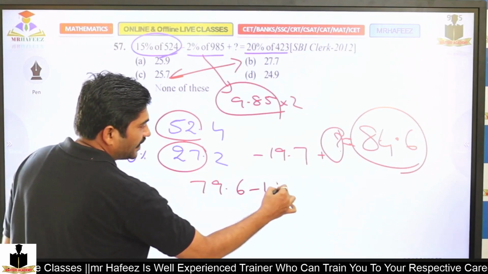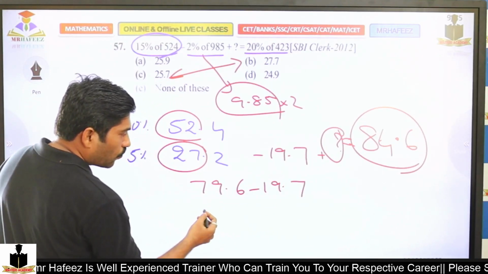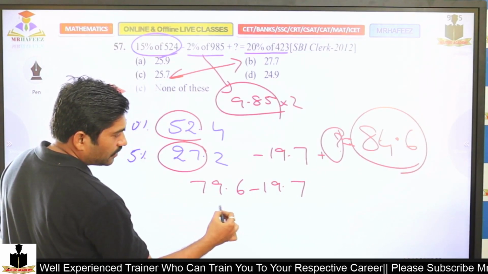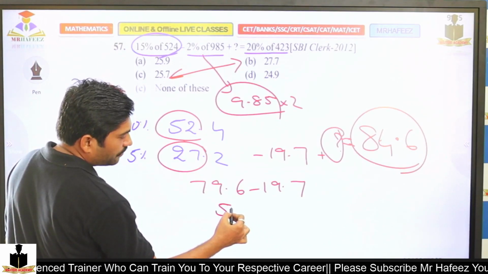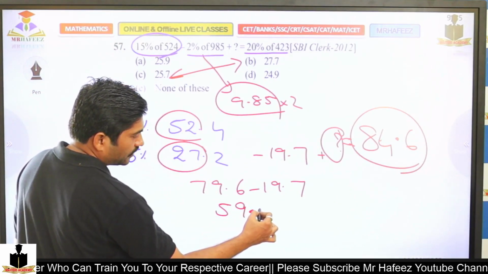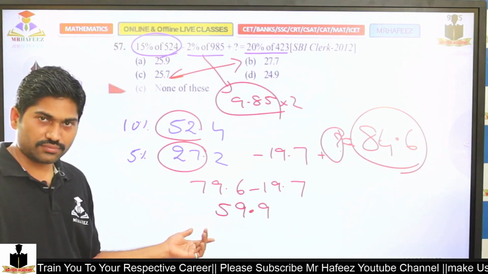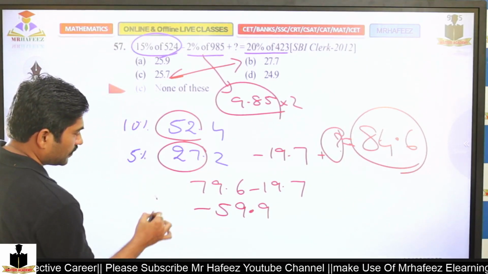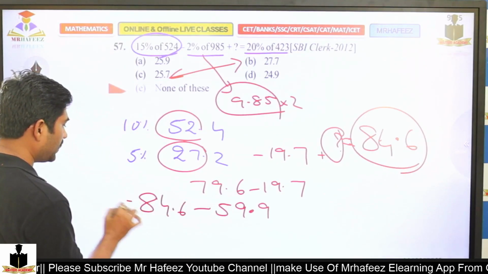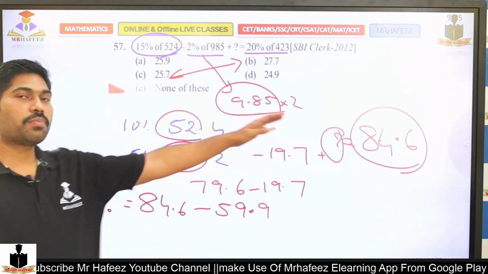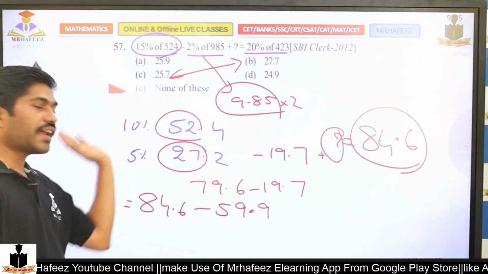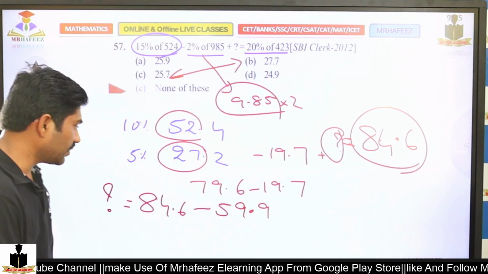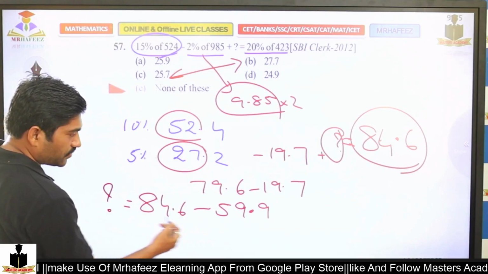79.6 minus 19.7. So what I will get? Is that 59.9? Is that so? 59.9. And the other side is 84.6, which is what the question mark equals, because 84.6 is on the right hand side, minus 59.9.